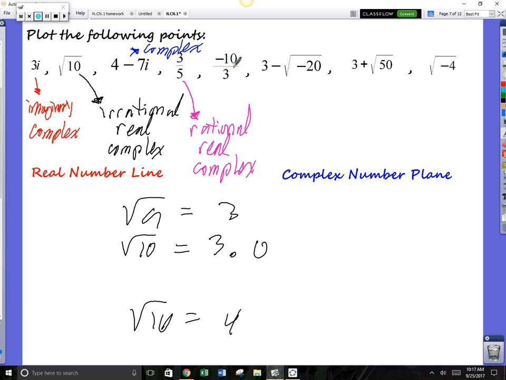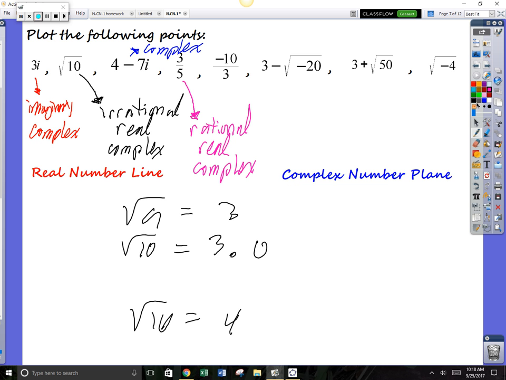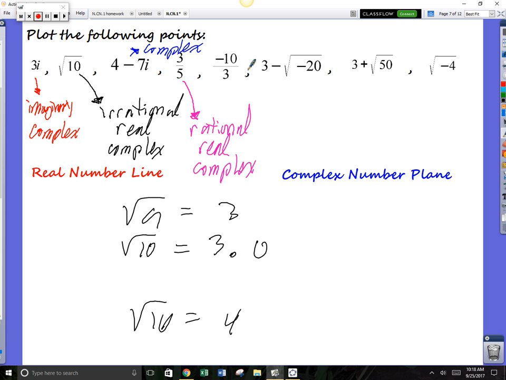Okay, what about negative 10/3? What kind of number is negative 10/3? How come it's not irrational? What kind of numbers are the irrationals?